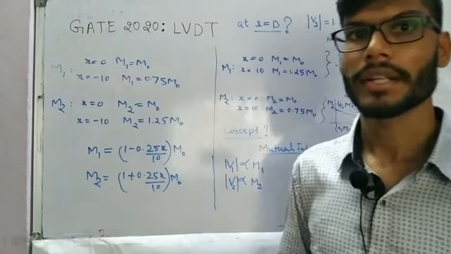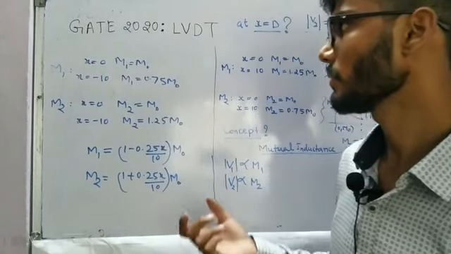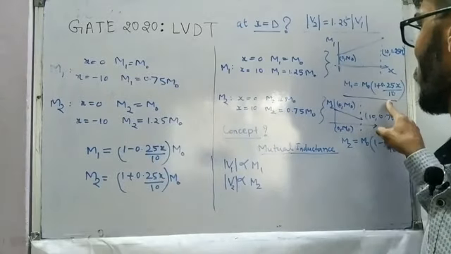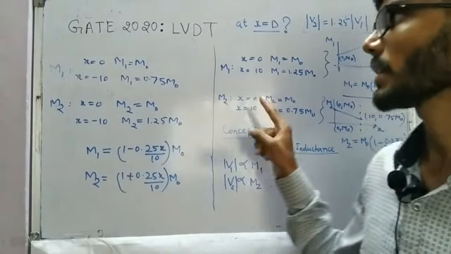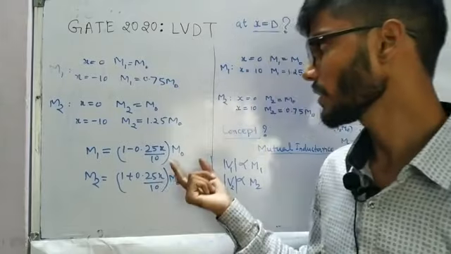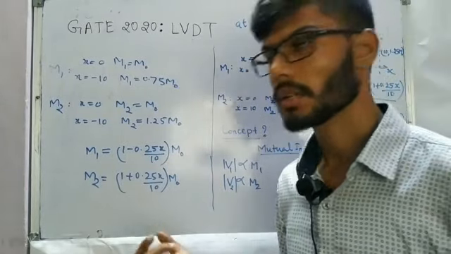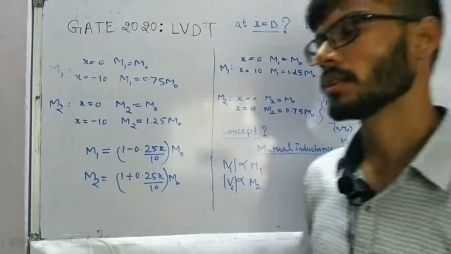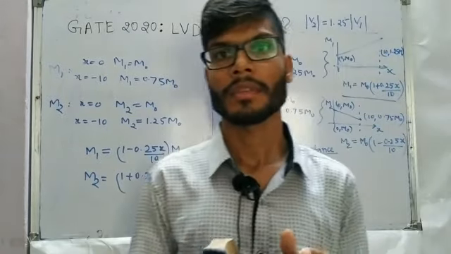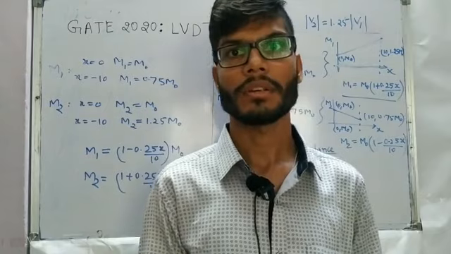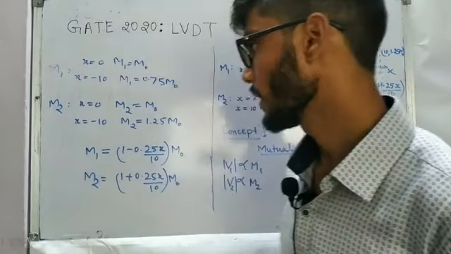If we take the displacement in the upward direction, we will see an increment in the M1 value, and if we take the displacement in the downward direction, we will see a decrement in the M1 value, whereas M2 will increase, because if the ferromagnetic path is near to the coil, the mutual inductance is going to increase.